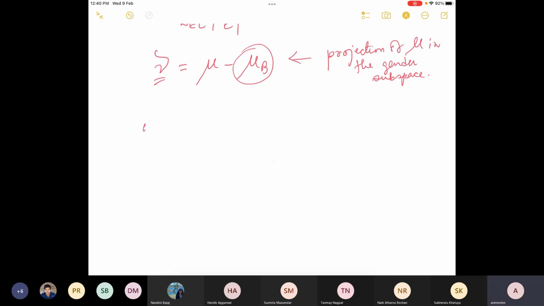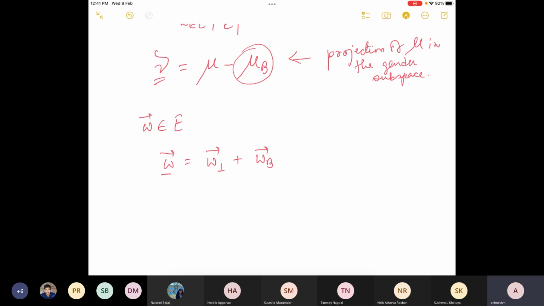Now for every W in E, you can write W to be equal to, as I had showed you earlier, the normal part, W normal, and the gendered part. Okay.